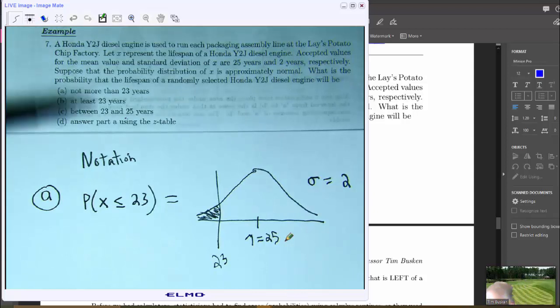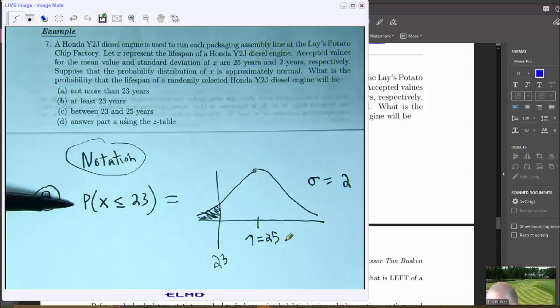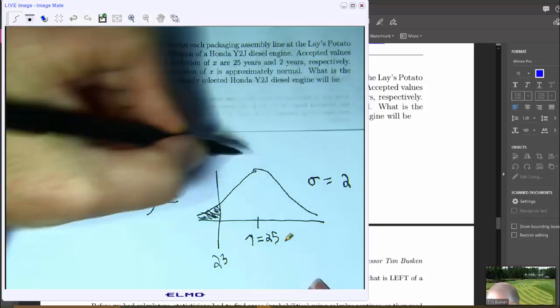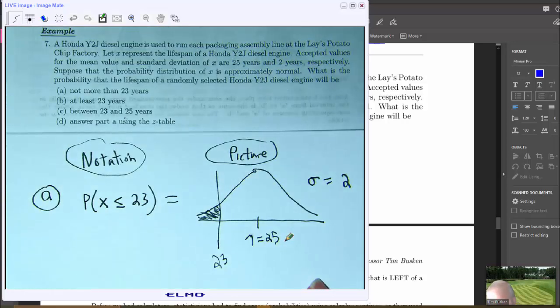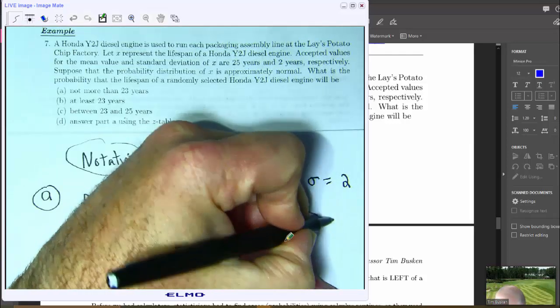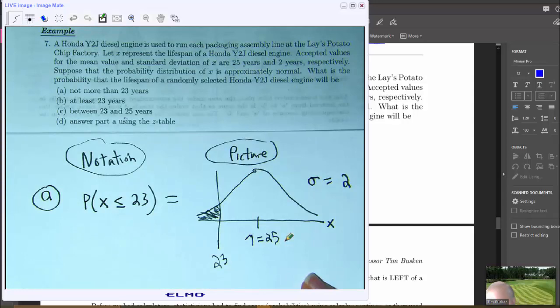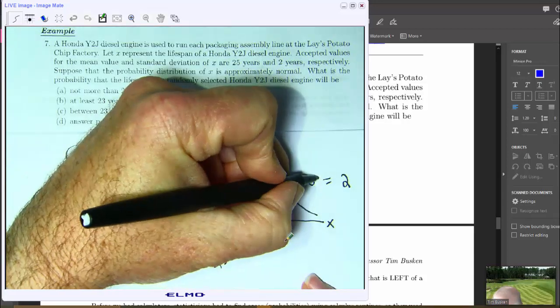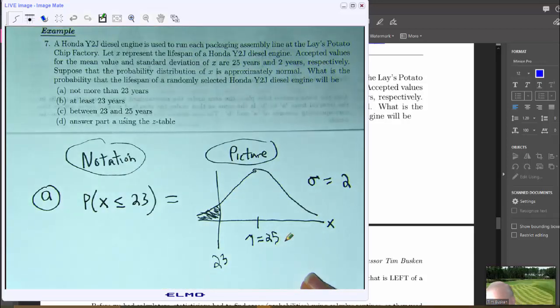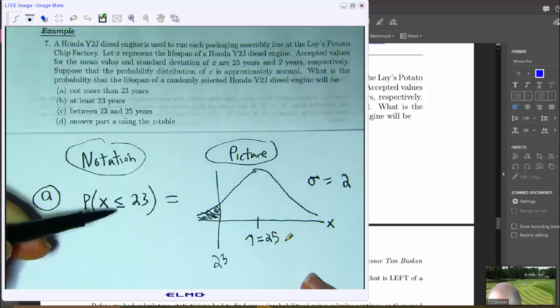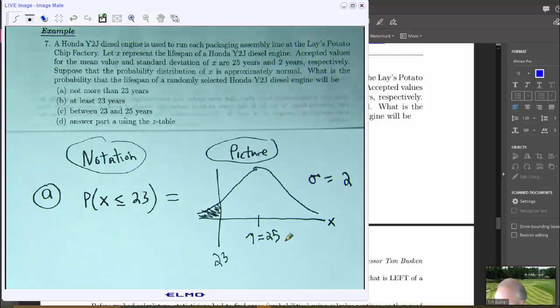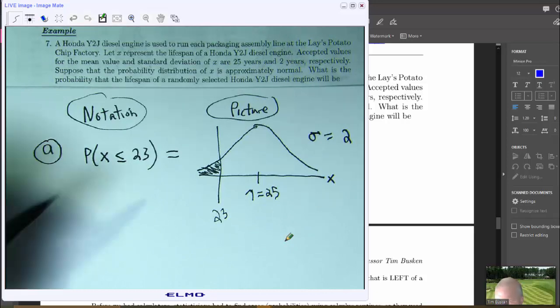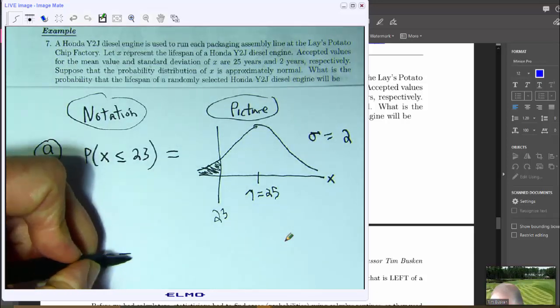The correct picture ought to look something like this: a normal curve centered at 25, with 23 located to the left of that. Again, since it's a less than or equal to, we need the area left of 23. So to get that area, we're going to use the normal CDF command.